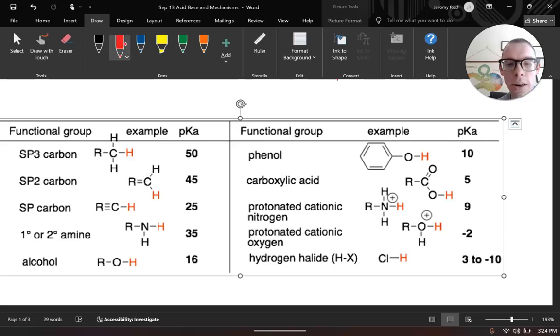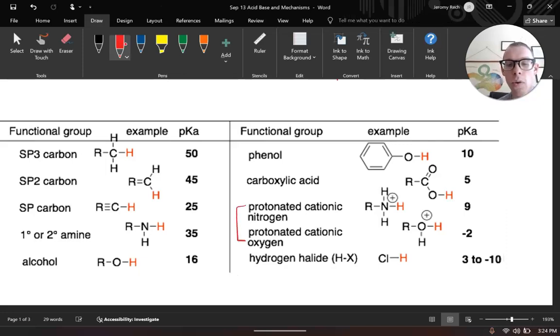And then down here, I have my 2 entries for my charge stuff. If you have a charge in an oxygen, that actually gives you a negative pKa, so that is incredibly acidic. So a charge in an oxygen, almost automatically going to be your number one most acidic. Interestingly, though, a charge on your nitrogen is actually going to drop it down a ton, but your original, if you look at your primary and secondary amine over on the left side, has a pKa way up at 35.